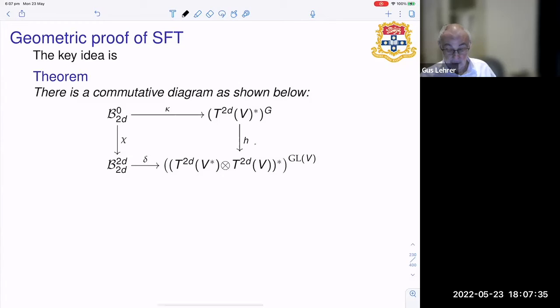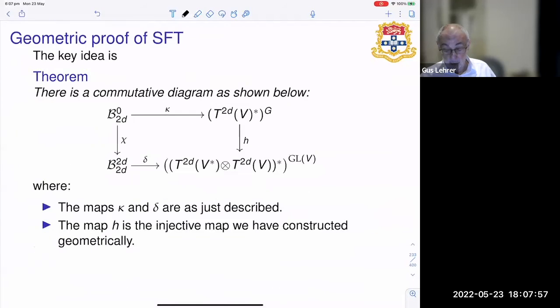H is this map which takes L to an invariant of GL. And the only one we haven't seen is chi. So there is obviously a map chi which makes this commute. So what is that map? And remember, H is injective, that is a key point, and the horizontal maps are surjective.